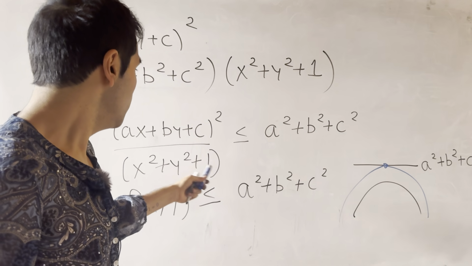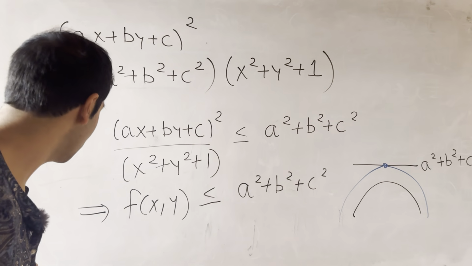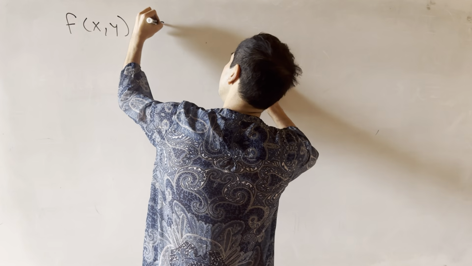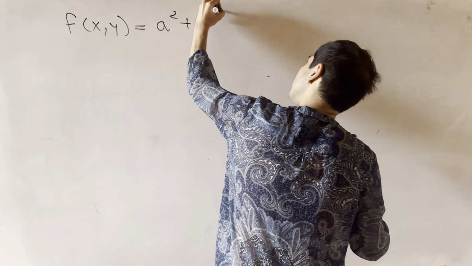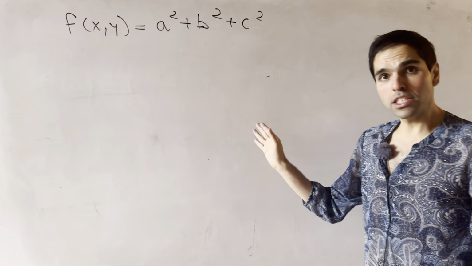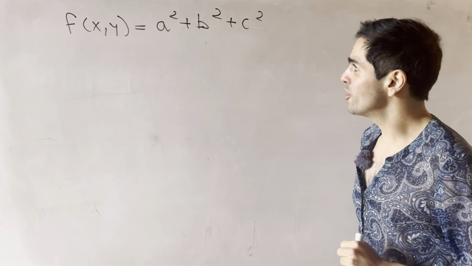And for this, let's just manipulate this equality a little bit to figure out our guess. Suppose that f(x, y) equals a² + b² + c². Not necessarily true, but this will help us find our guess for the maximizer, if you wish.